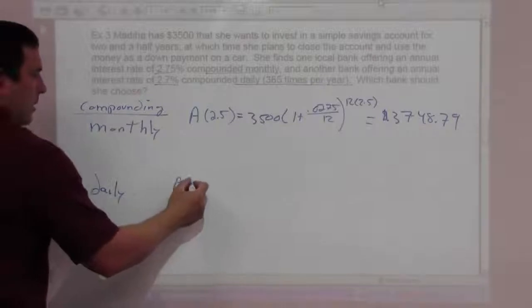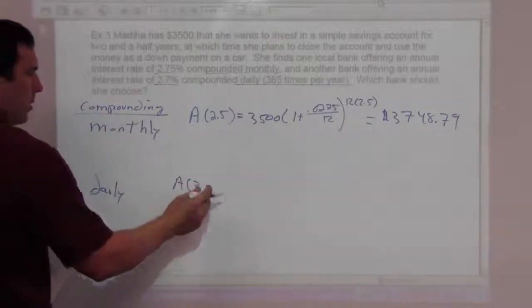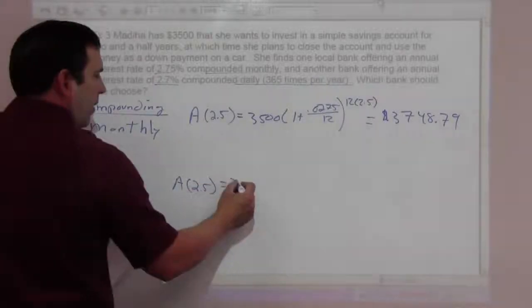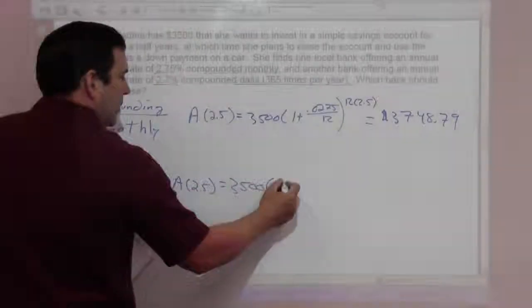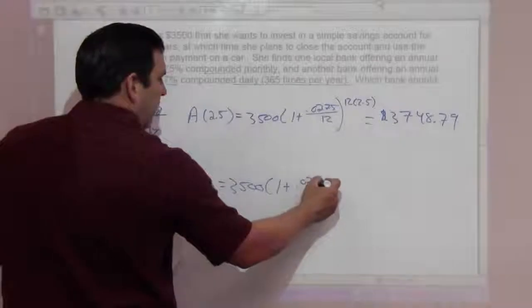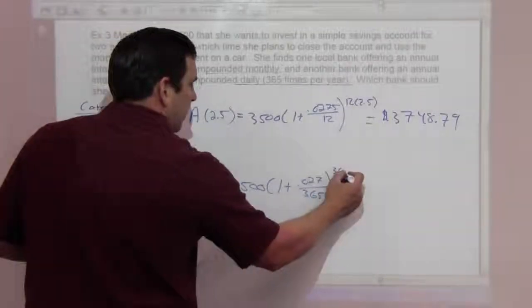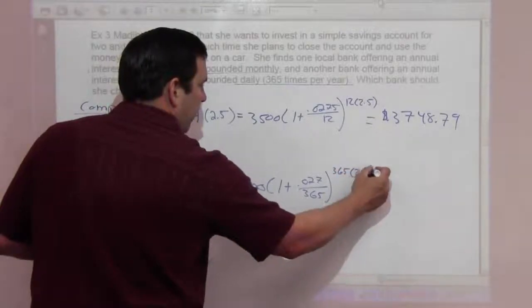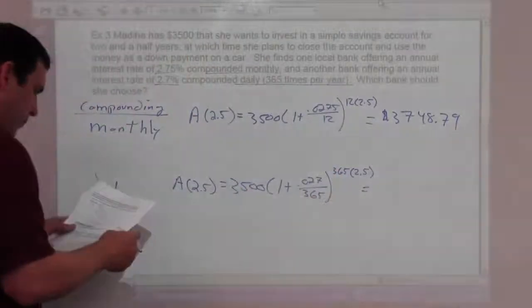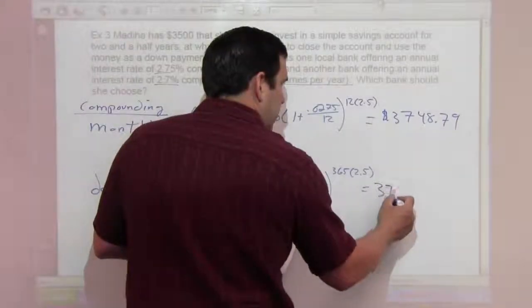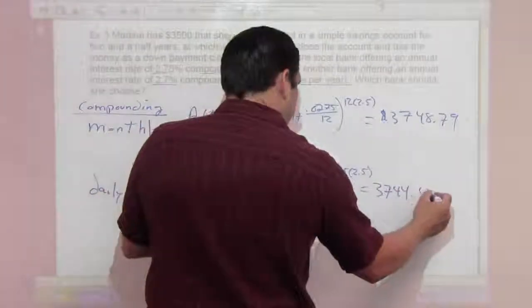In the second case, it's a daily compounding. So again, after 2.5 years, it's 3,500 times 1 plus 0.027 over 365 to the power 365 times 2.5. In this case, we have $3,744.40.